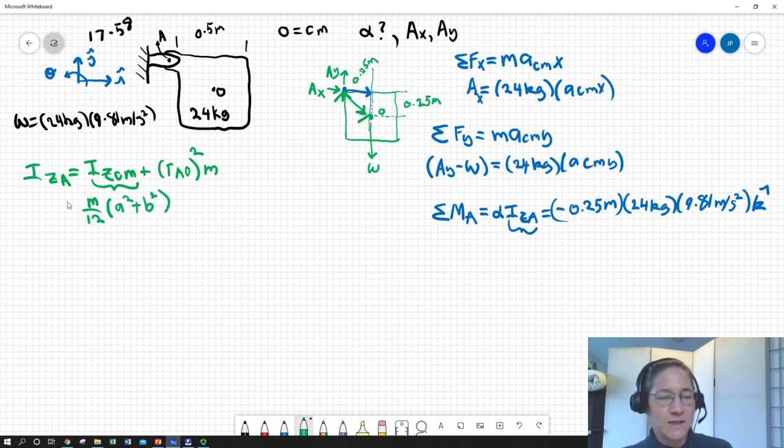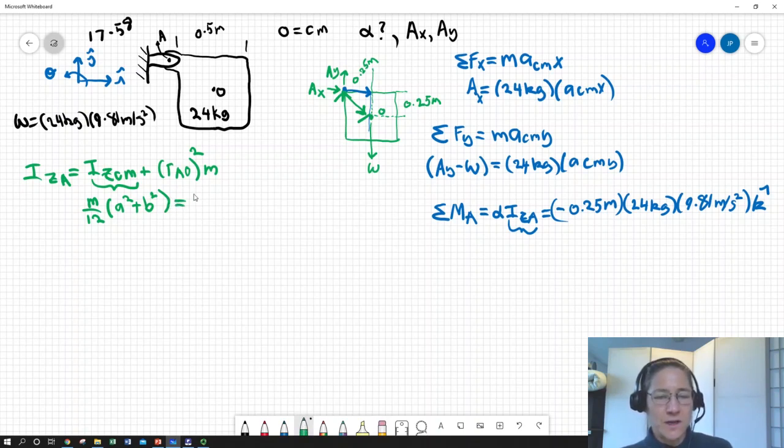So if this were a rectangle, basically, A by B, and we were looking at the polar moment of inertia about the center of mass in the middle, it would be this. So, okay, in our case, A and B are the same, and they're both equal to 0.25.